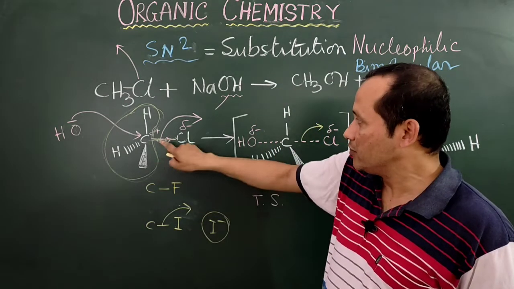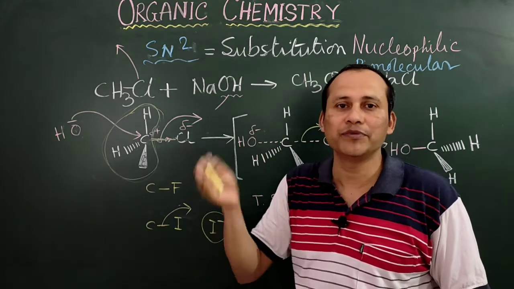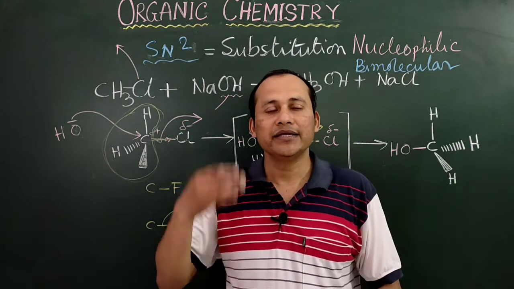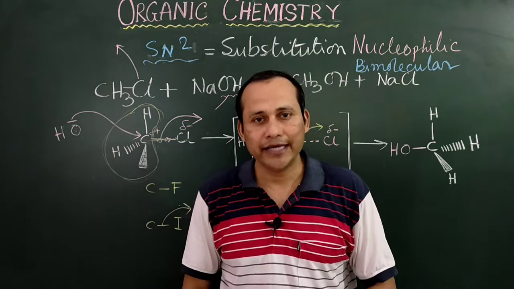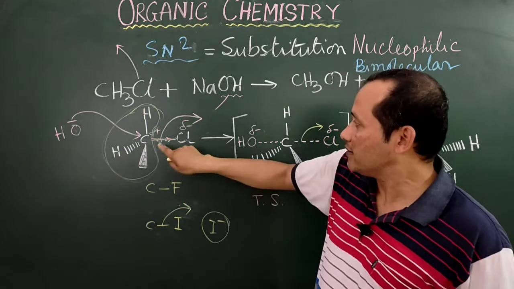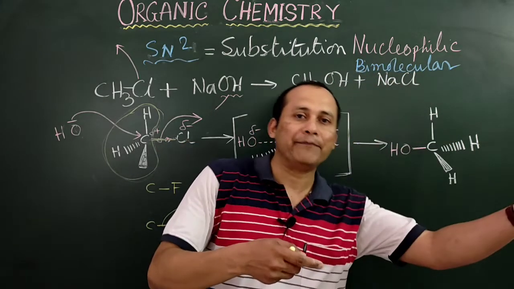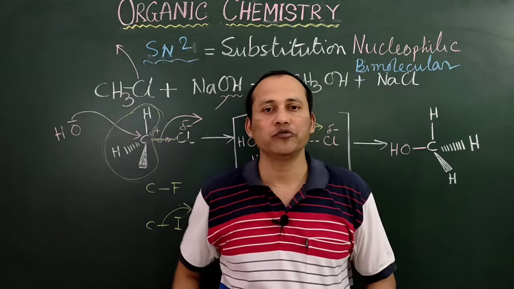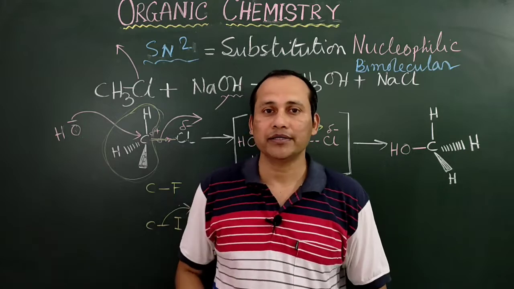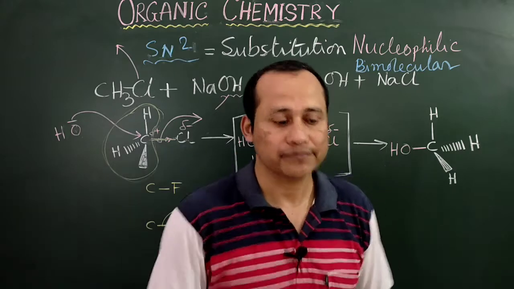So that is why if we use C-F, the bond will be cleaved least easily, so reaction will be slowest, and if this one is used, the bond will be cleaved most easily, leading to the higher speed of the reaction. So in this way, if everything remains the same, depending on the nature of this bond, depending on the leaving group aptitude of the groups, the reaction rate will be changing. Now come to another very important controller of this reaction, and this is solvent.